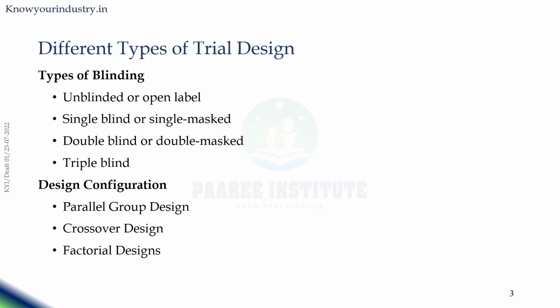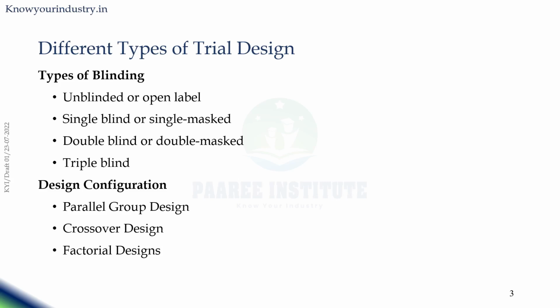In case of double blind study, both investigator as well as the patients will not come to know which treatment goes to which patient. And finally, the triple blind study where the investigator and patients as well as the data analyst who is doing the analysis also don't know which data belongs to which treatment.